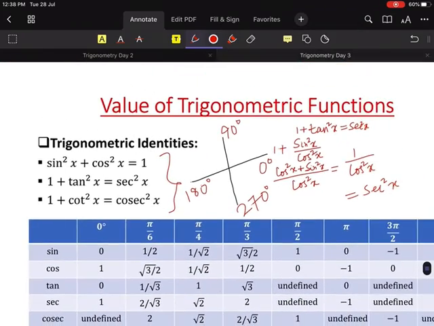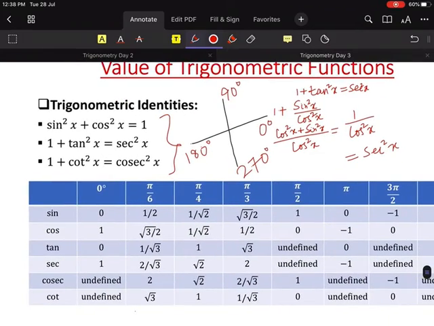Now let's start. So sine 0 is 0, right? Sine pi by 6, sine 30 is half. I hope everybody knows. Sine 45 is 1 by root 2. Sine 60 is root 3 by 2. Sine 90 is 1. Yes or no?